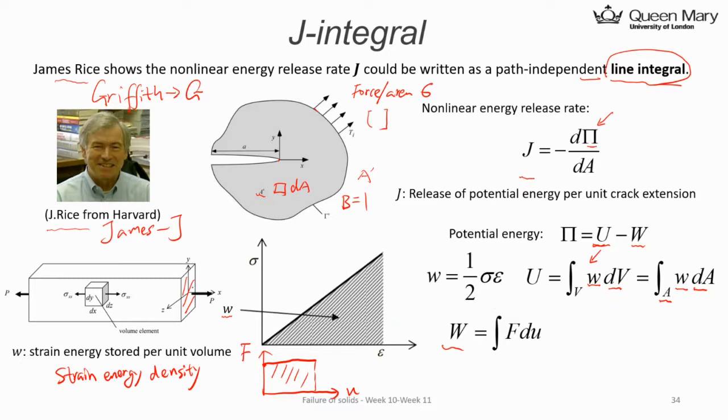But what happens if you apply a force on a unit thickness? So you shrink this thickness B equal to 1. Think about it like a 2D problem. Now you apply a force per unit area on this line. So if you look at a 2D problem, you apply your load on that line. That's why now the line comes into this problem.